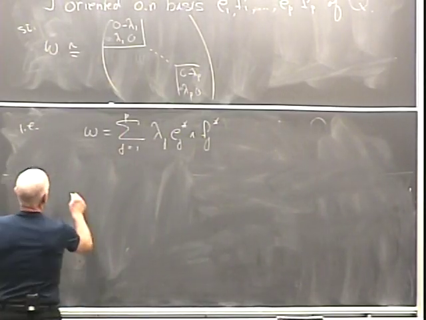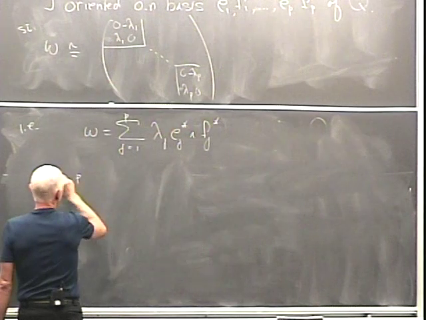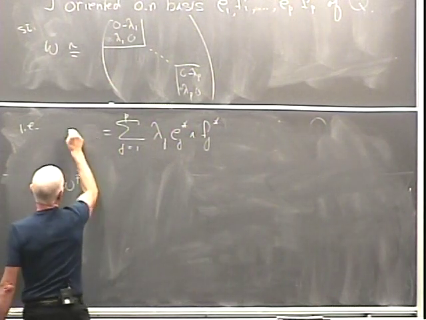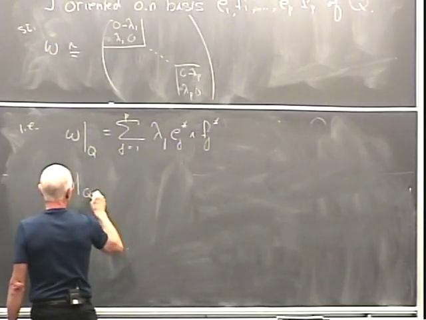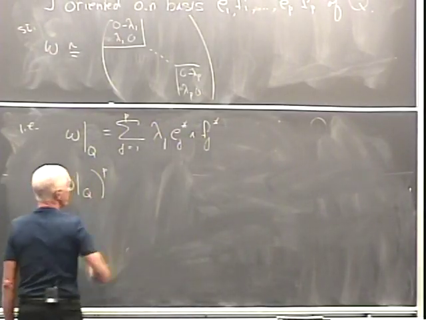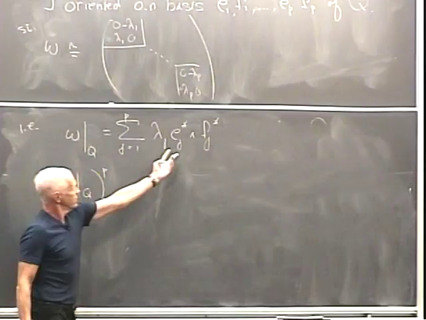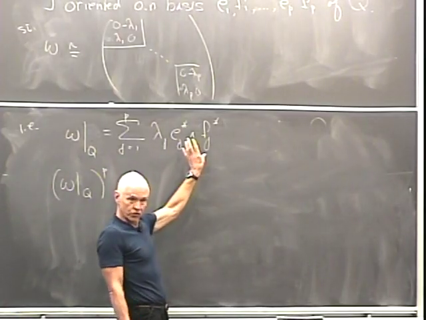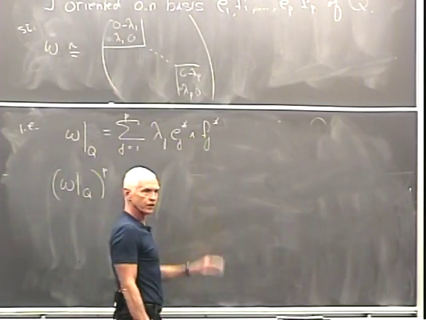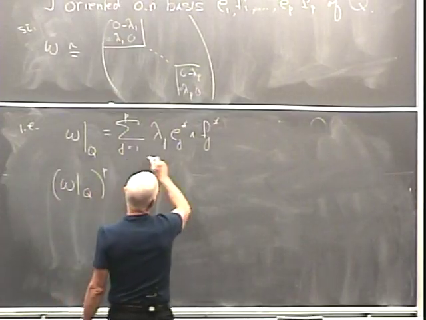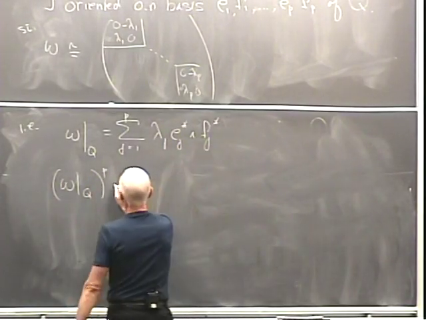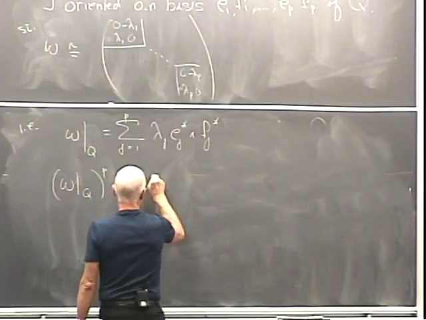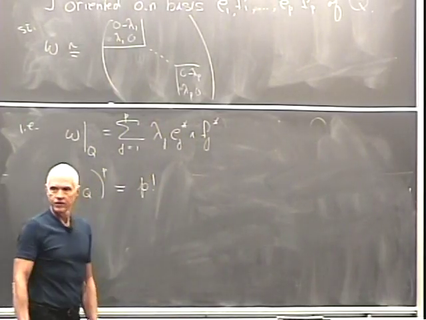And now, let's take this to the pth power. No, I'm sorry, this is omega restricted to Q, of course. So if I take omega restricted to Q and raise it to the pth power, well, these things commute. These are two forms, so they commute with each other. And so the only thing you're going to get are all the possible products where these are distinct, and there are exactly p factorial possibilities.